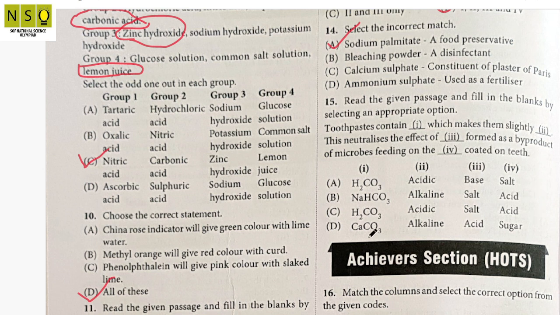Okay. So, what does toothpaste contain? Toothpaste contains CaCO3, which makes them slightly alkaline.